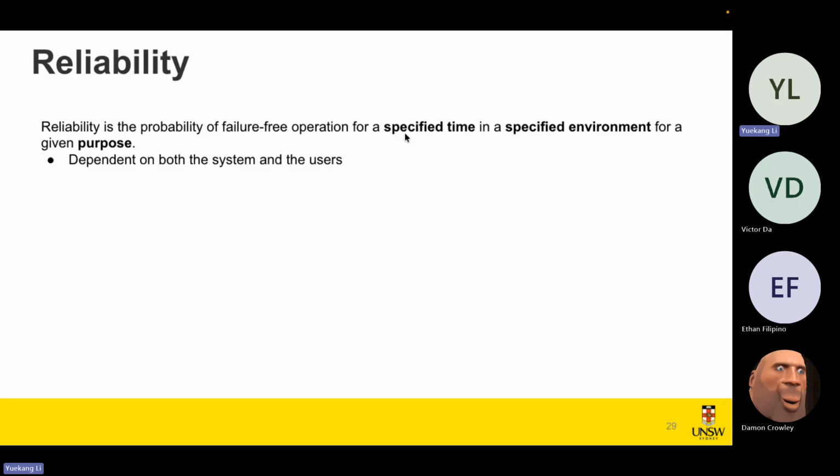This is for when we are observing this software, right? And for a given purpose. The given purpose is the scenarios or the features we are trying to test, right? So you can see that the purpose actually depends on the user, and the specified environment actually depends on the system for running the software.